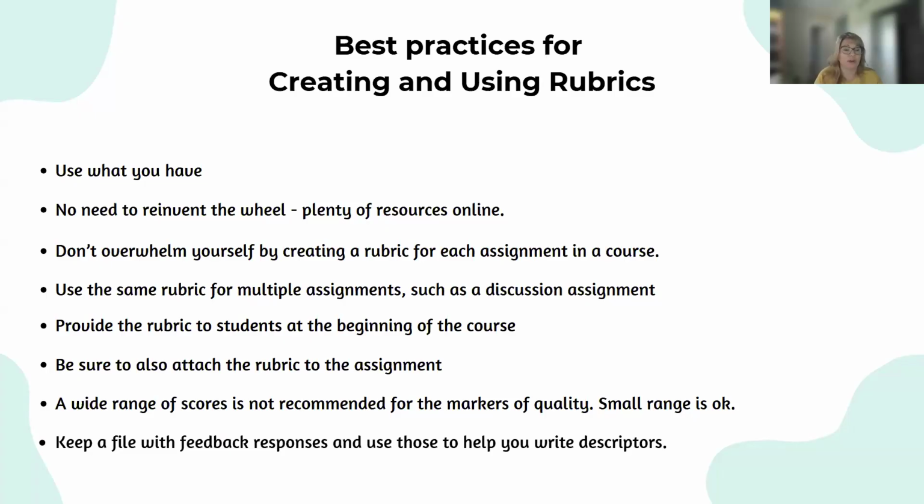And don't overwhelm yourself by creating a rubric for each and every assignment in a course. Target where you really need your rubric. If it's a capstone paper, you would have a summative assessment at the end of that assignment, the cumulative grade, but then you can also chunk that into smaller holistic rubrics throughout the assignment. Let's say they need to provide their thesis.